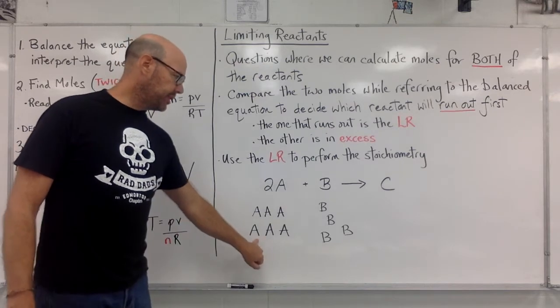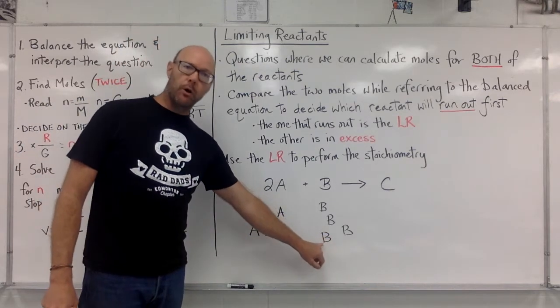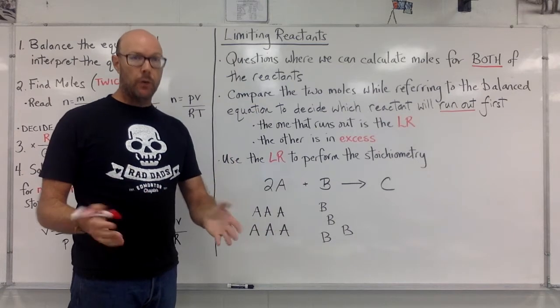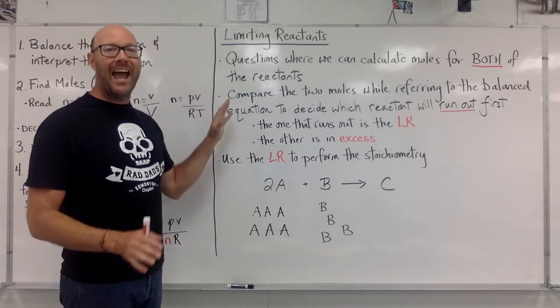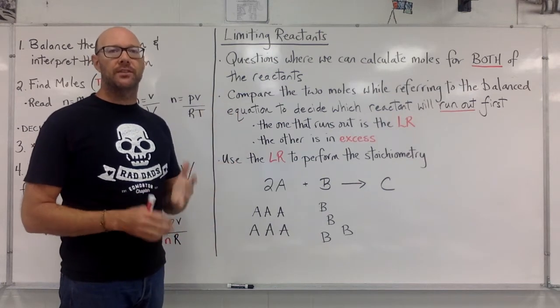It's not just this is 6 and this is 4. 4 is smaller than 6, so it's the limiting one? No, it's more than that. We have to look at the 2 moles and refer to the balanced equation at the same time.